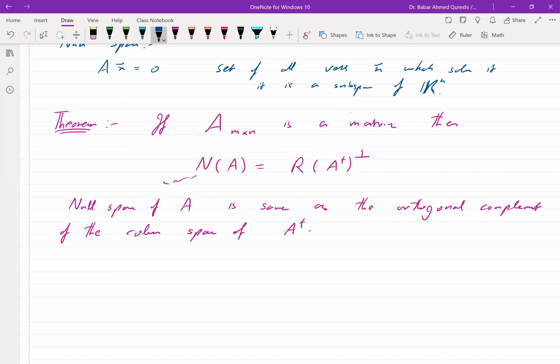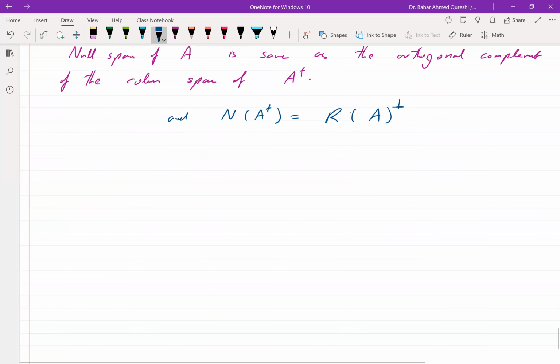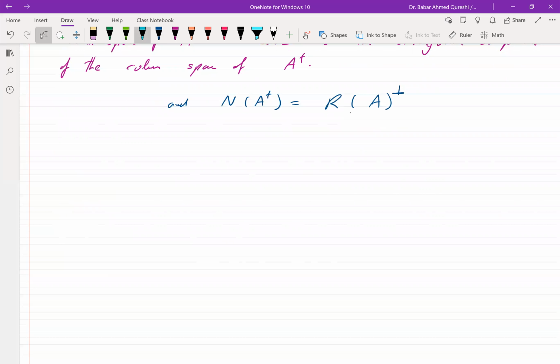You can modify it a little bit as well. And the null space of A transpose, you can exchange the roles, is equal to the orthogonal complement of the column space of A. So how do we see it?